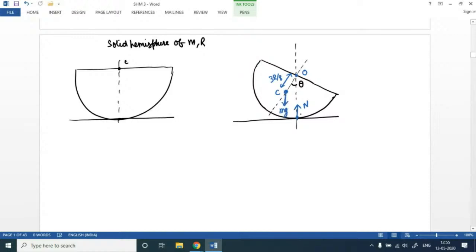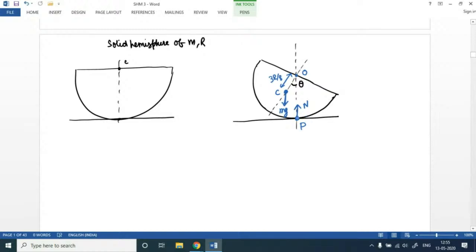It would be very good here to write the equation of torque about the instantaneous axis of rotation. Since it is pure rolling, the horizontal component of acceleration of this point is equal to 0, and the centripetal component is negligible.